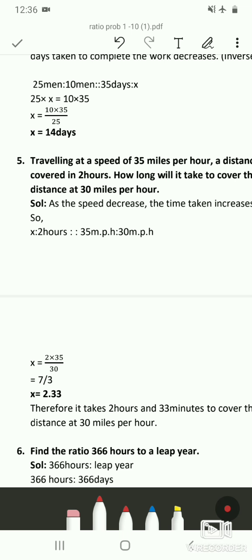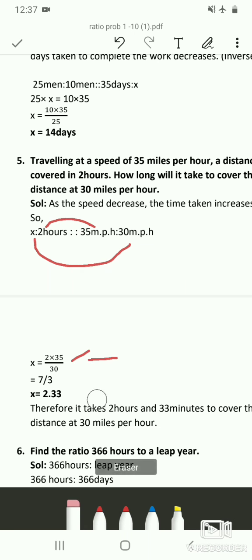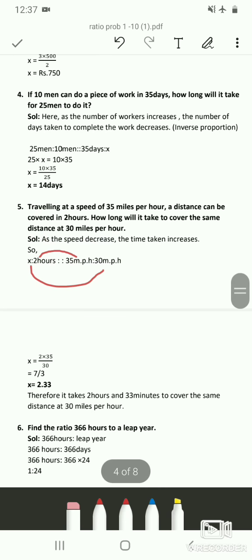So x into 30 miles per hour is equal to 2 hours into 35 miles per hour. Therefore x is equal to 2 into 35 upon 30, simplified, and you will get the answer as 7 upon 3, which is nothing but 2.33. Therefore we can say it takes 2 hours and 33 minutes to cover the same distance at 30 miles per hour.